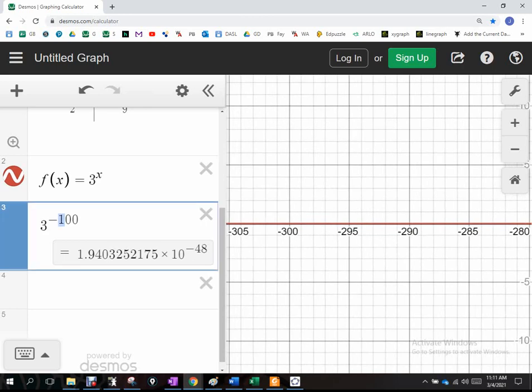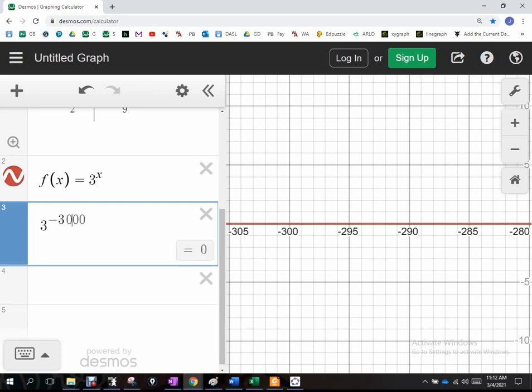So negative 300. You have a decimal, 143 zeros, and then a 7. Is that 0? It's not. Now I put negative 3,000 in, so what we've done here is kind of we've broken Desmos. It's not programmed enough to go.